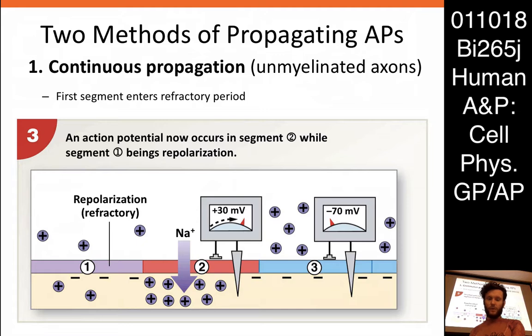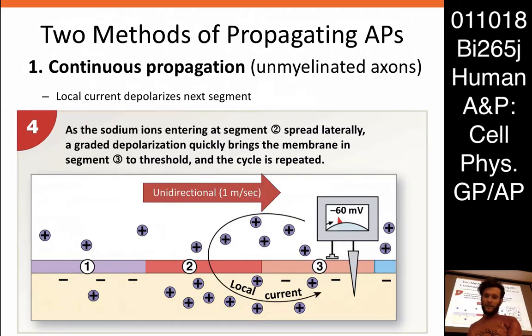Sodium is rushing in. We're in the refractory period here where we had just gone through the action potential, and local currents continue. So this is unidirectional. It can't go backwards because of the refractory period buffer behind it.